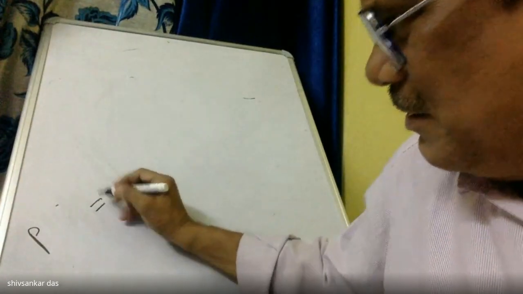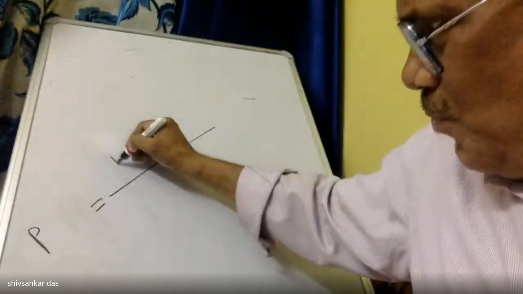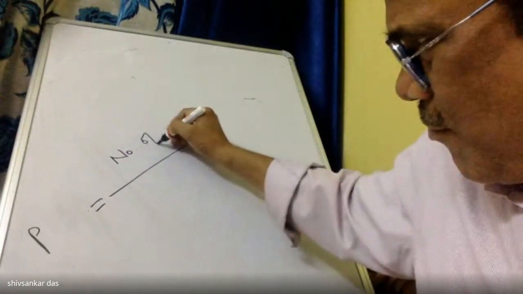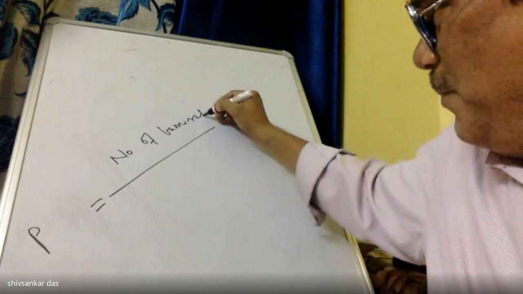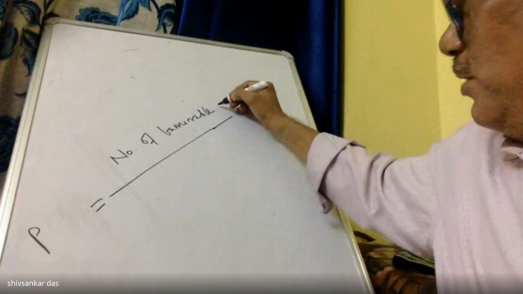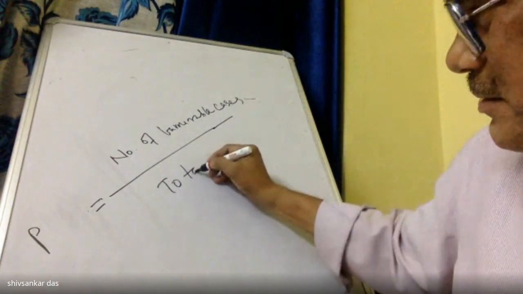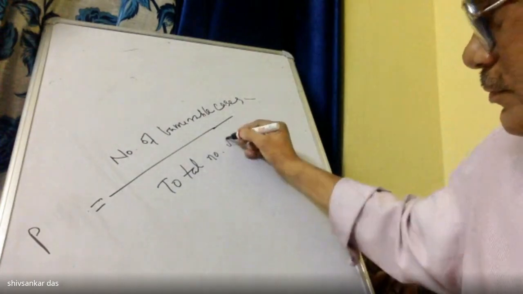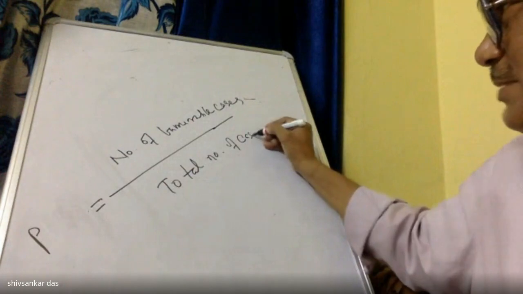Probability can be explained in a very intelligent way. Probability is equal to number of favorable cases by total number of cases. I made it a little general.